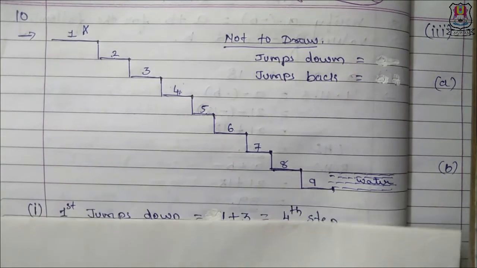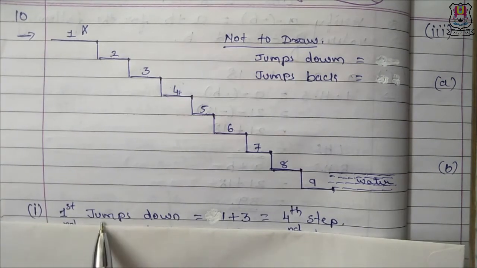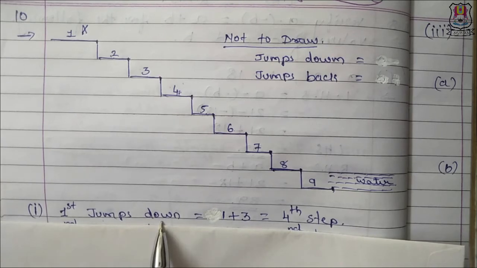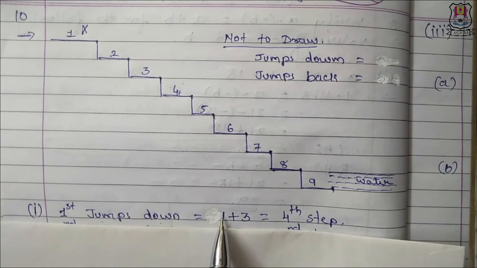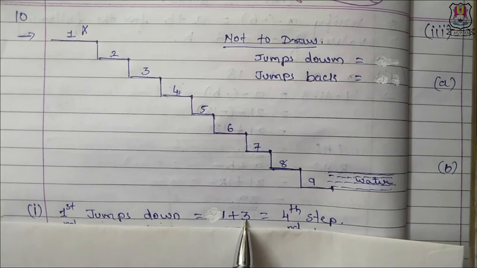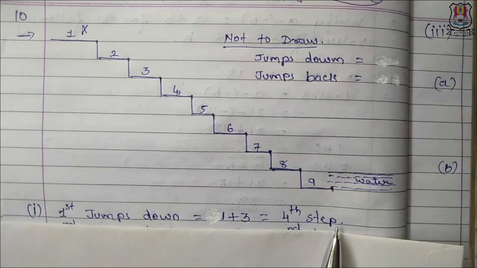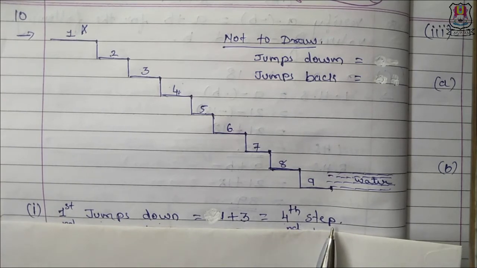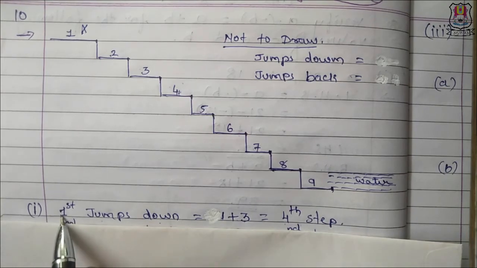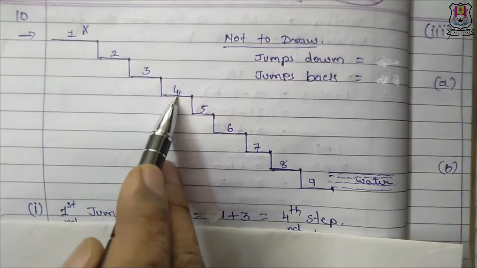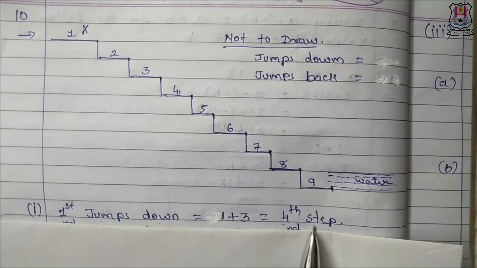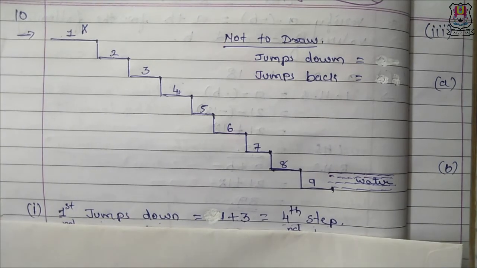Let's see over here. The first jump, he jumps downwards. So from the first step he jumps 3 steps down. So 1 plus 3, he reaches to the 4th step. And the question is saying that in how many jumps he will reach to the water level. So we have to count the jumps. So this is the first jump. He jumps from here to the 4th step.